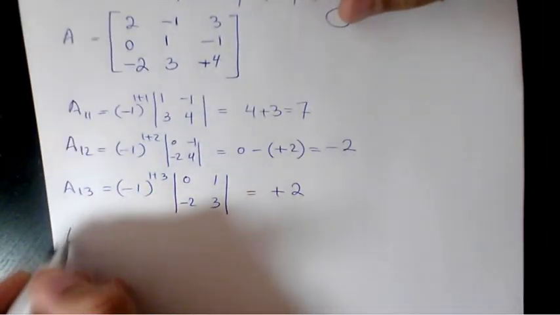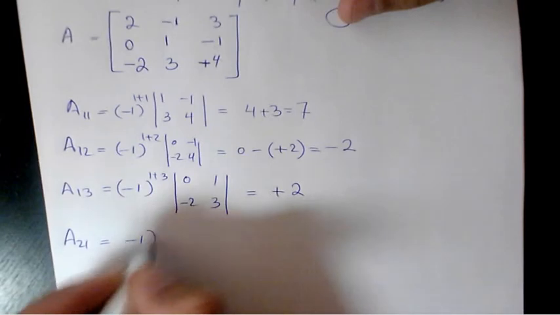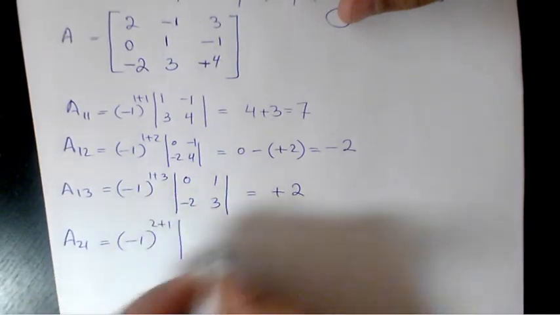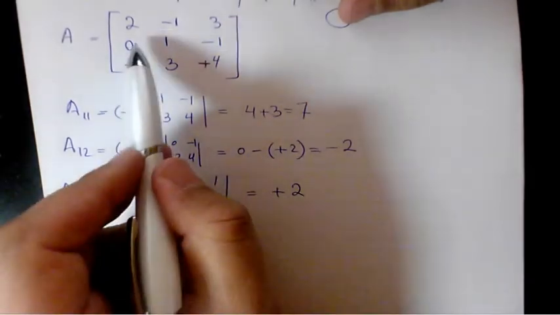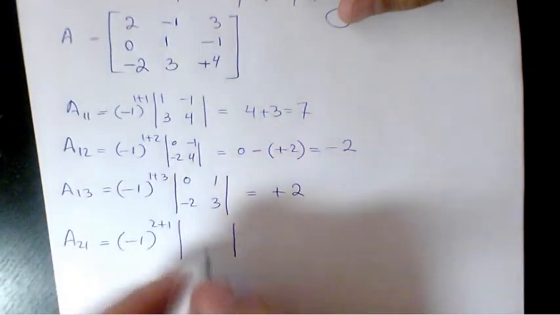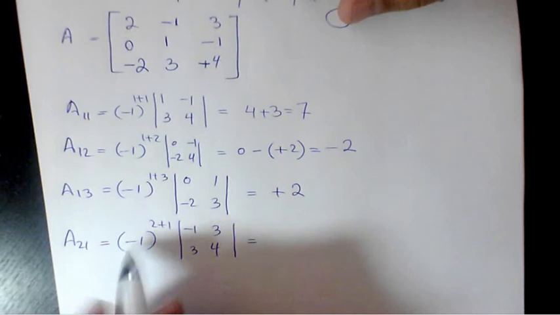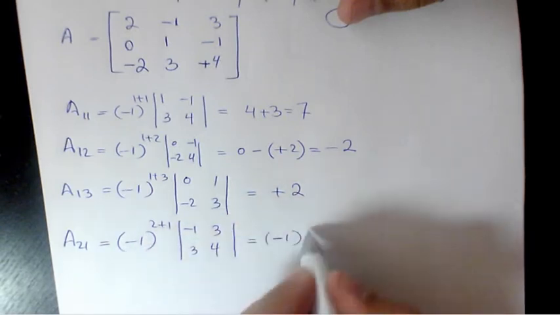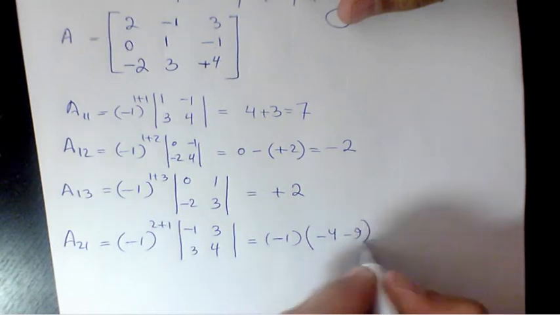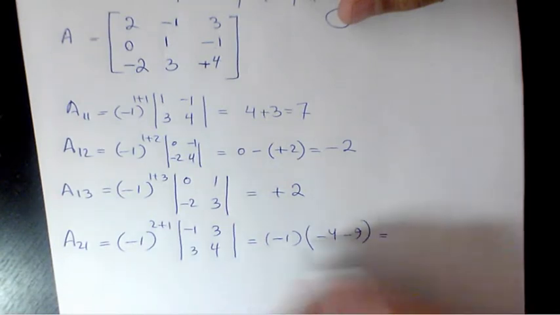Next one is going to be A21, negative 1 to the power of 2 plus 1. That will be negative 1, 3, 3, and 4, which will be negative 1 times negative 1 times 4, negative 4, minus 9 is going to be negative 13, times negative 1 is going to be positive 13.